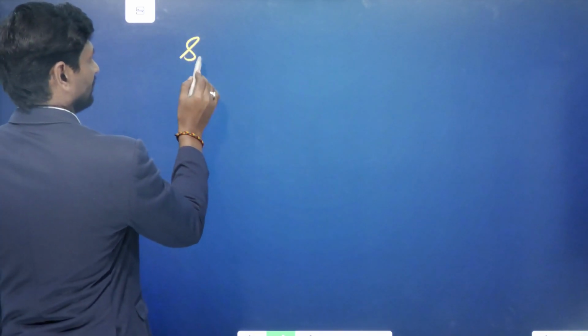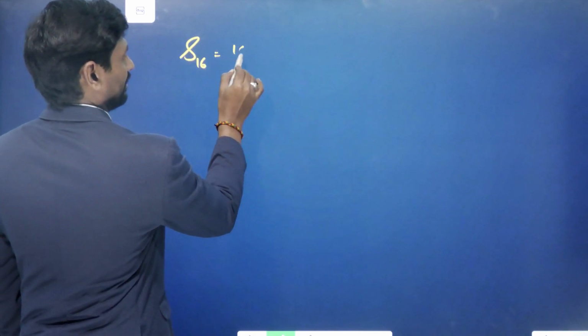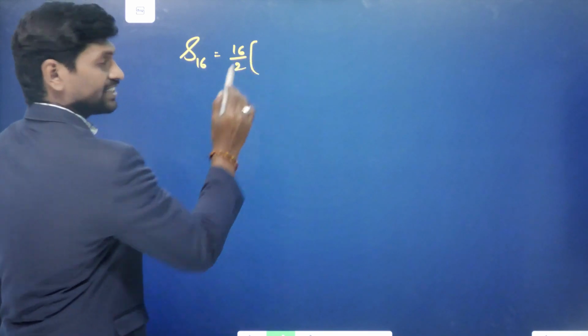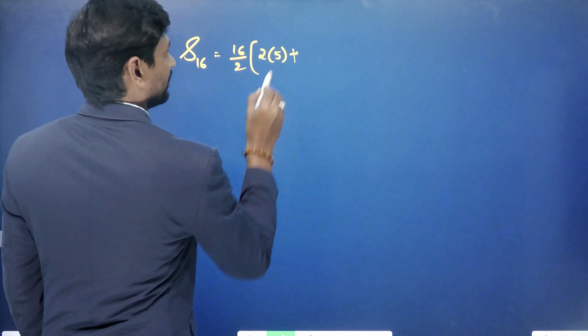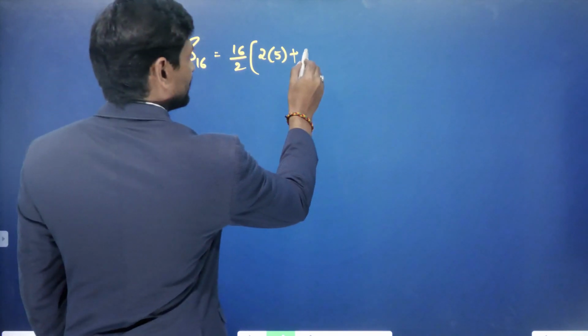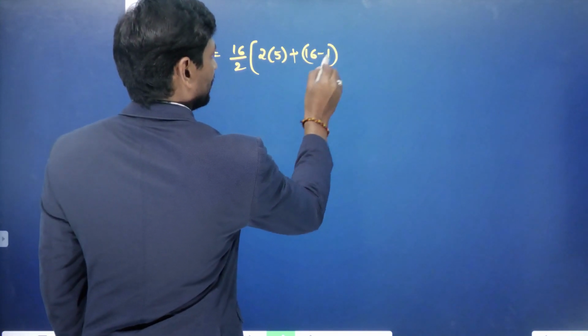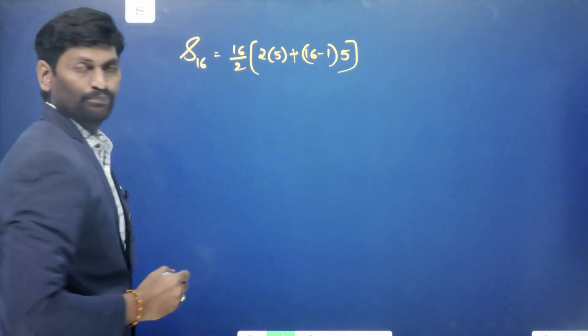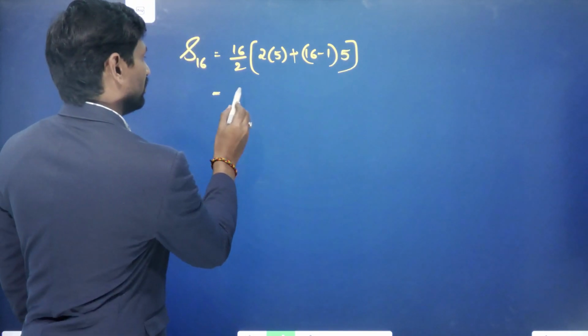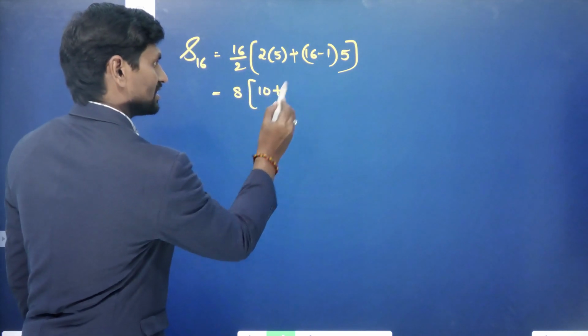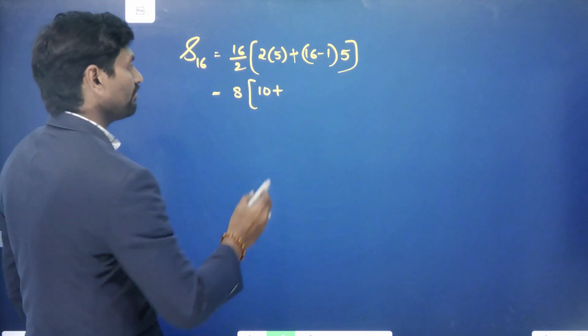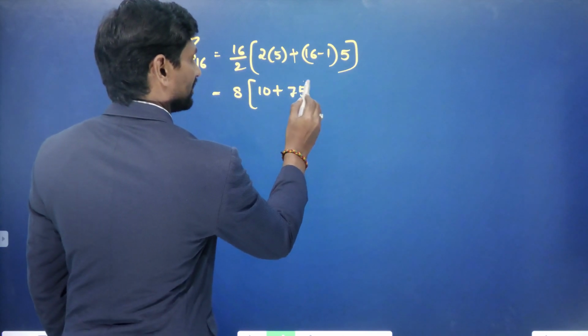Am I right? Yeah. Substitute the value, n by 2 into 2a plus n minus 1 into d. That means 16 by 2 into 2a, 2a means 2 into 5, plus 16 minus 1 into d. d is also 5 here. Find the answer here. 2 table 8 times, cancel. Now 2 5s are 10 plus 16 minus 1 is 15. 15 5s are 75.